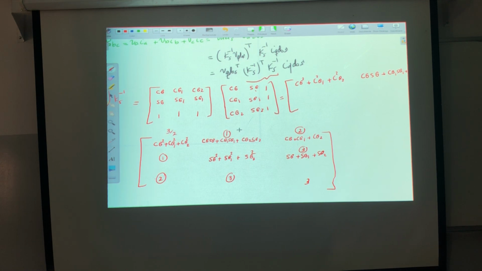This will be what? 0. This will be what? 0. This will be what? 3 over 2. 0. Right? Now, right, 3 over 2. So this will equal to what? 3 over 2, 0 and 0, 0, 3 over 2, 0, 0, 0, and 3.